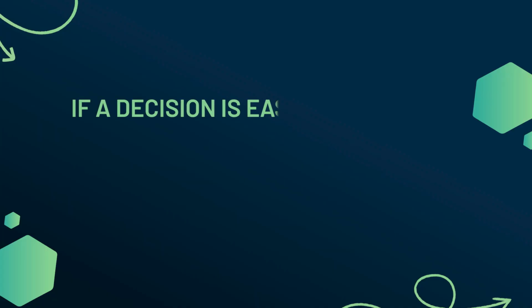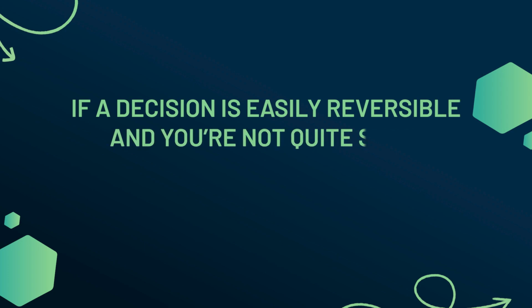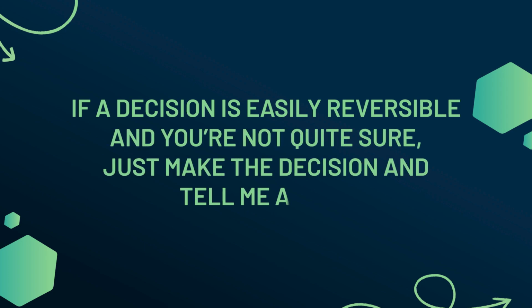Your rule could be something like, hey, if a decision is easily reversible and you're not quite sure, just make the decision and tell me after. That would basically have given Marge permission to not interrupt you and just make a call and let you know after. If she made the wrong call, you could just fix it because paid time off, in this case with a quick turnaround, is very reversible.